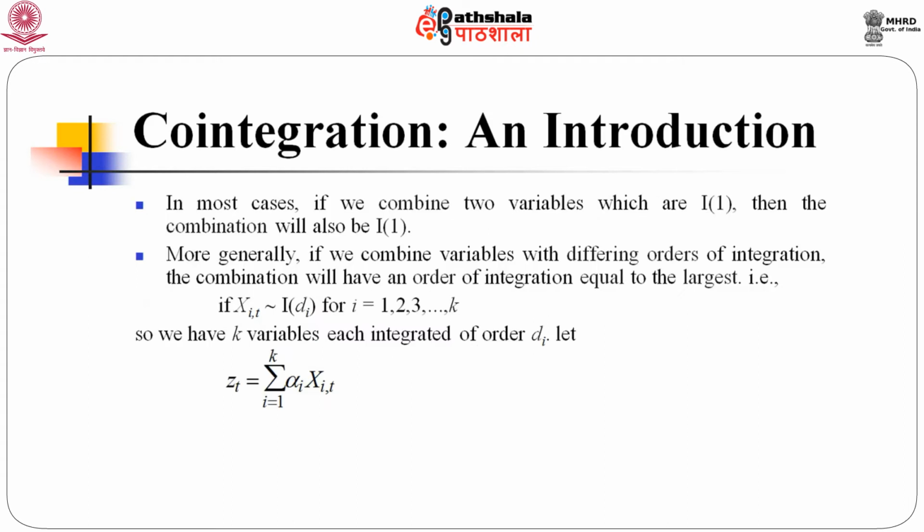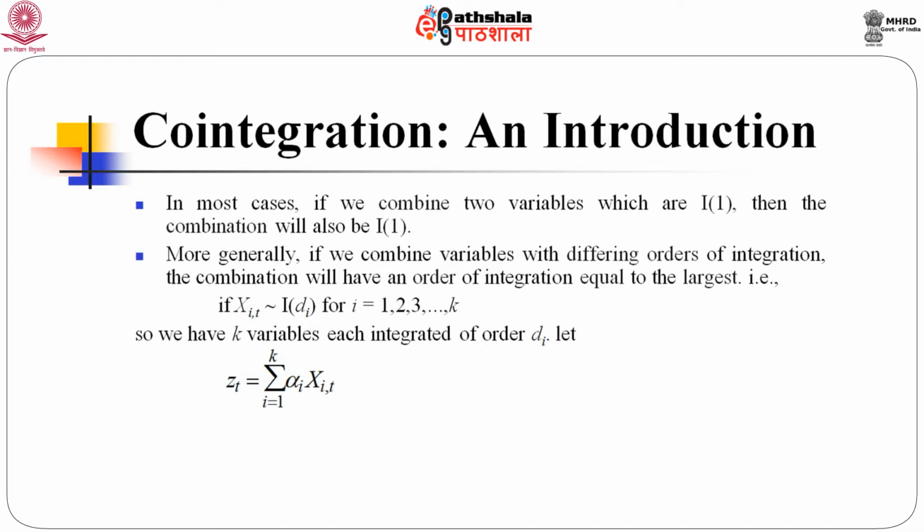After defining the concept of an integrated series, let us have an idea of co-integration. In most cases, if we combine two variables which are I(1), then the combination will also be I(1). More generally, if we combine variables with differing orders of integration, the combination will have an order of integration equal to the largest.